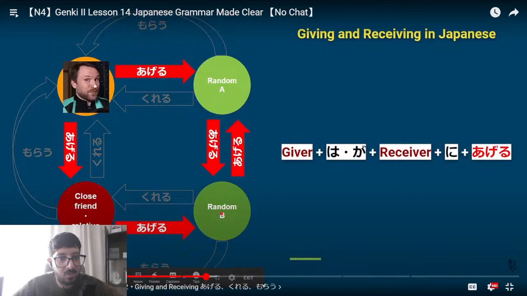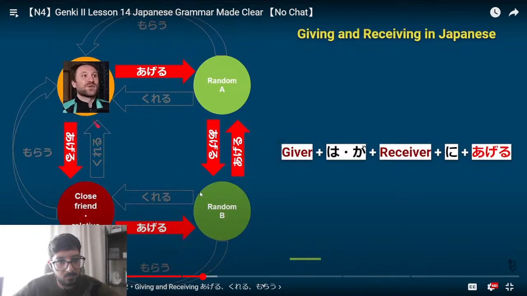So this is the guy, this is Tokine Andi. When he gives to random, he uses ageru. When this random gives him something, you use kureru. When he receives, use morau. Or when the random person receives from Tokine Andi, he also uses morau. So the receiver. Okay. Giving and receiving.